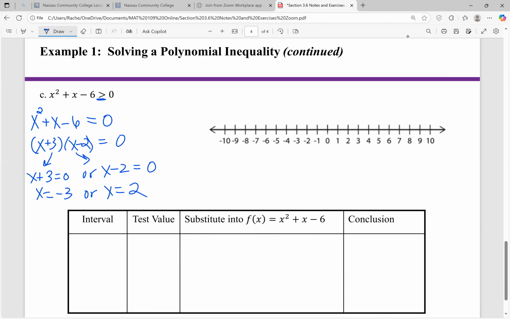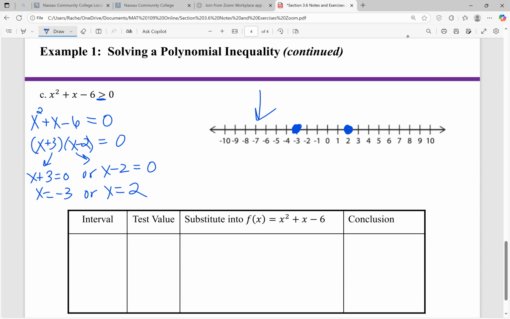So when I plug in negative 3 and 2 into my polynomial expression, we get 0. And 0 is greater than or equal to 0. So negative 3 and 2 are going to be part of our solution set. Now, because it's greater than or equal to, I'm going to put closed circles on the negative 3 and 2, my boundary points.